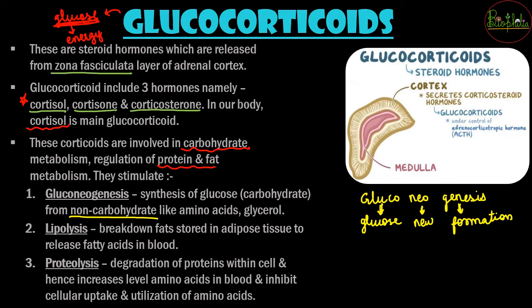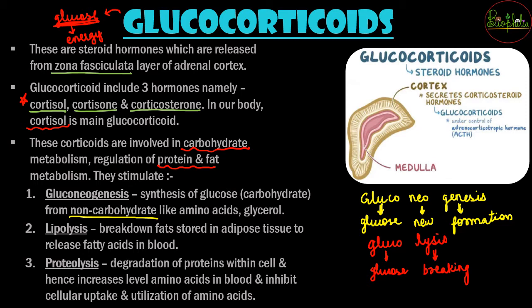It will be glycolysis. Glycolysis has two words, gluco and lysis. Gluco refers to glucose and lysis refers to breaking. So when glucose is broken down to release energy, it is glycolysis, whereas gluconeogenesis is the formation of glucose.